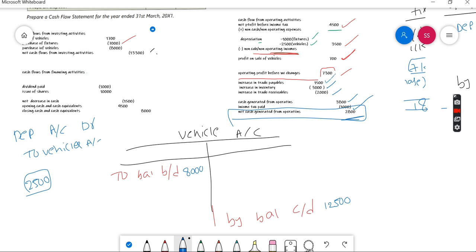So in vehicles account, by depreciation, which is 2,500. And then we have sold one vehicle whose original value was 1,700, and we have depreciated 1,000 rupees, right?